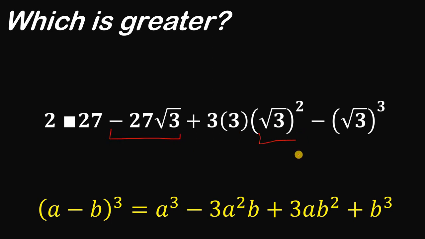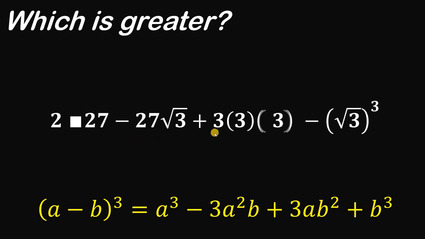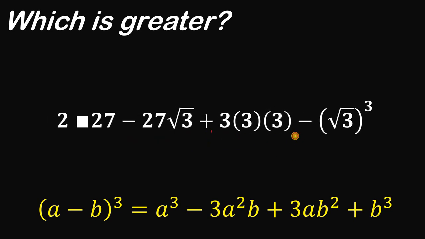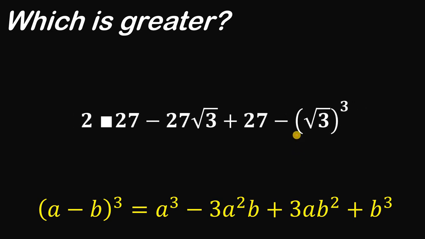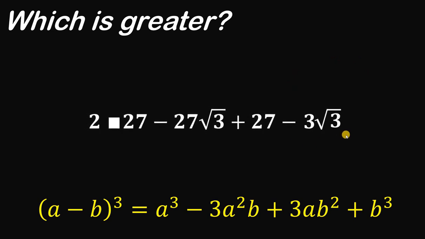Now, the square root of 3 raised to the power of 2 gives us 3, and positive 3 times 3 times 3 gives us positive 27. Then the square root of 3 raised to the power of 3 is the square root of 3 multiplied three times. The square root of 3 times the square root of 3 gives us 3, so this gives us 3 multiplied by the square root of 3.